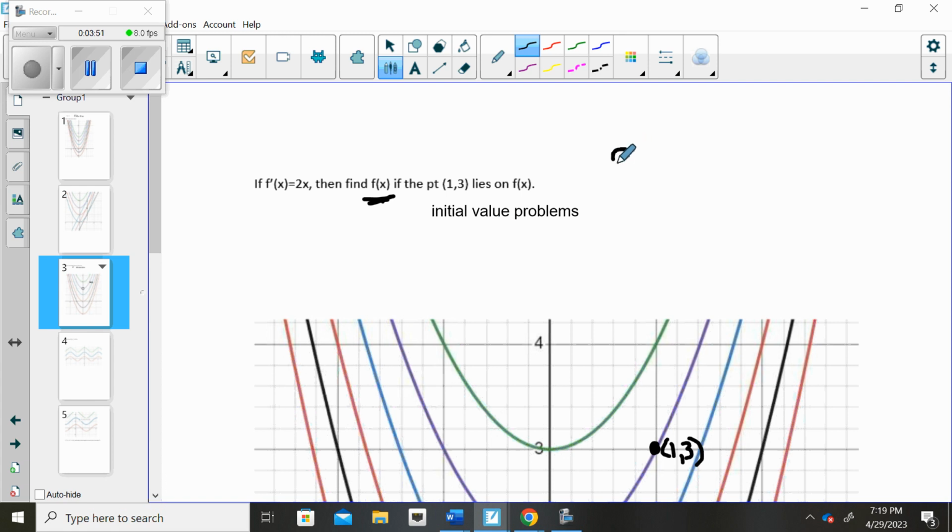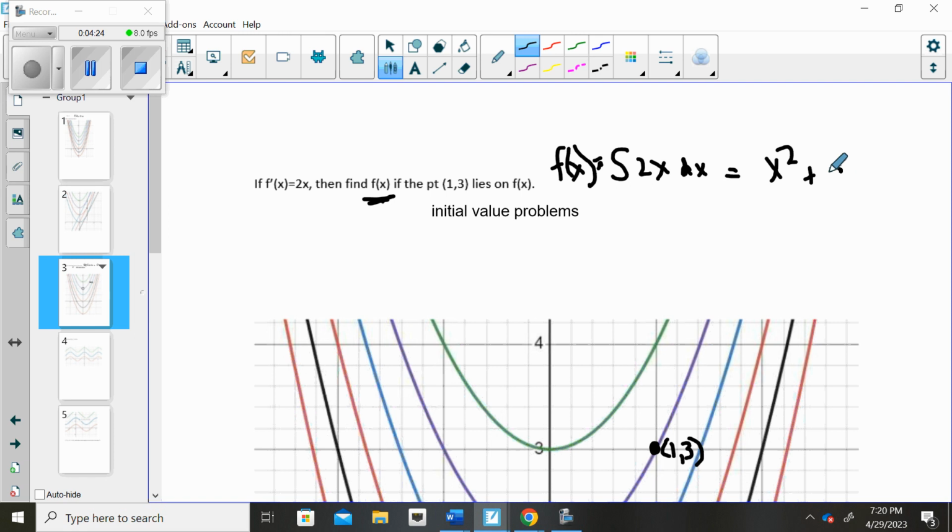If I want to find f of x, f of x is the antiderivative of f prime of x, which is 2x. I'm sorry, I meant to write just 2x dx, which I know is x squared plus a constant. Okay, so f of x is x squared plus a constant.